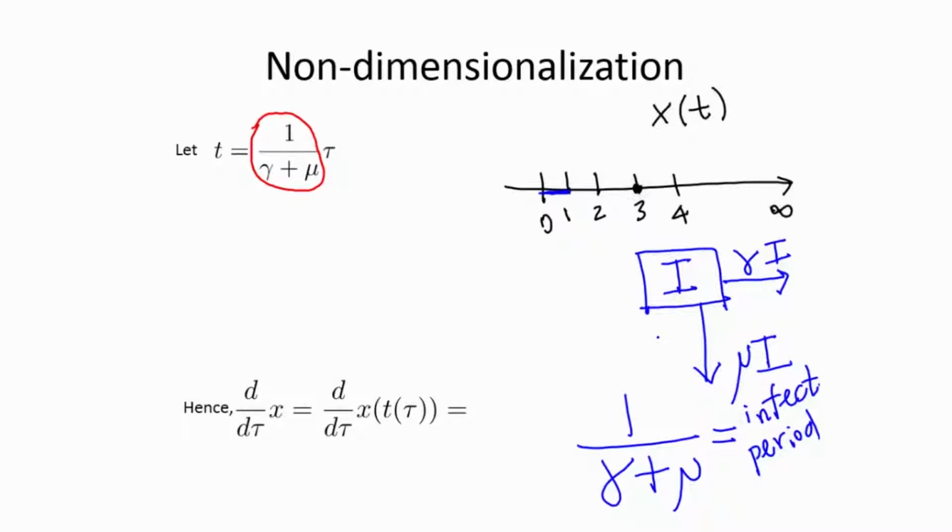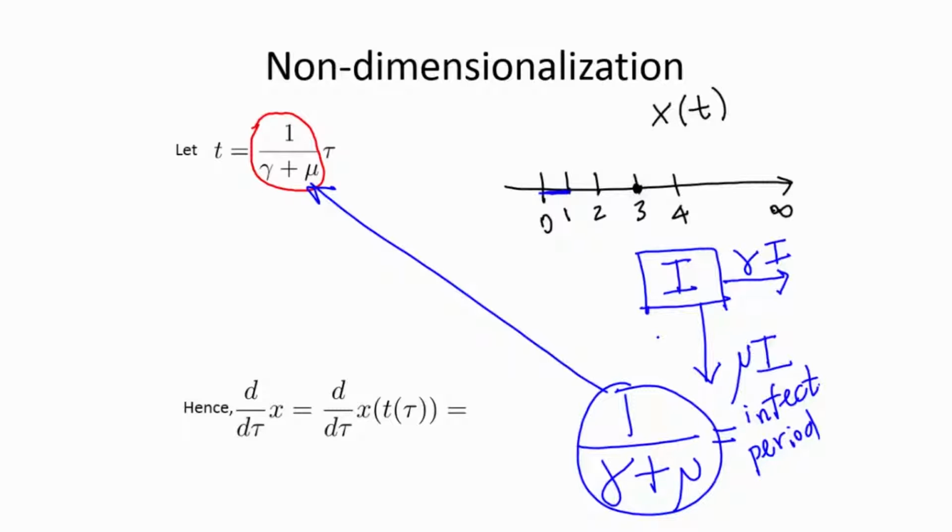And so you can see how this constant is precisely the constant that multiplies tau. So we are thinking of one time variable in terms of a constant multiple, where that constant is the infectious period.